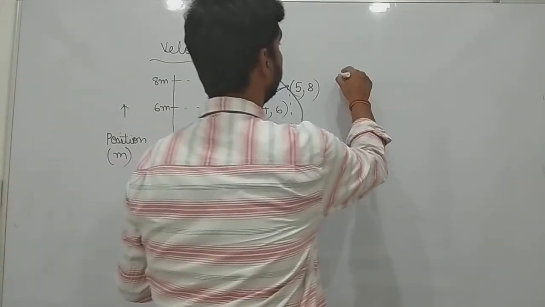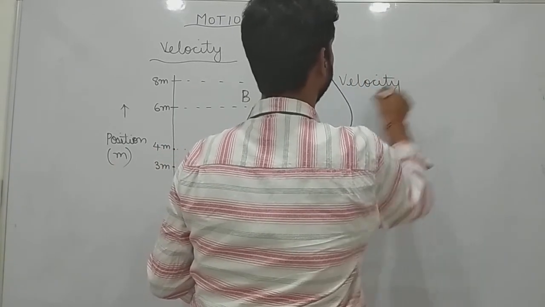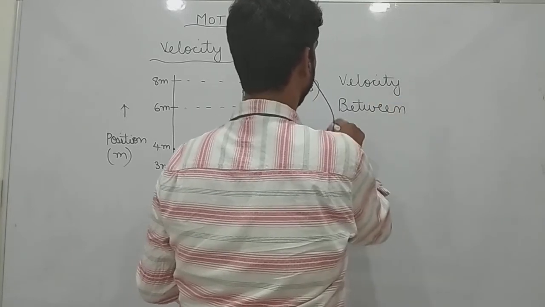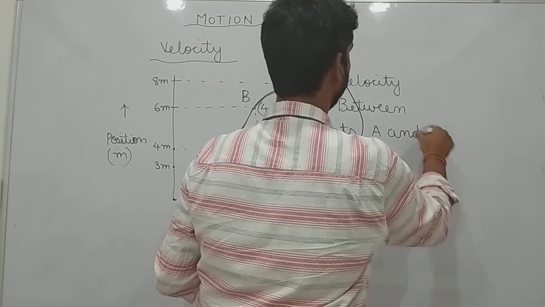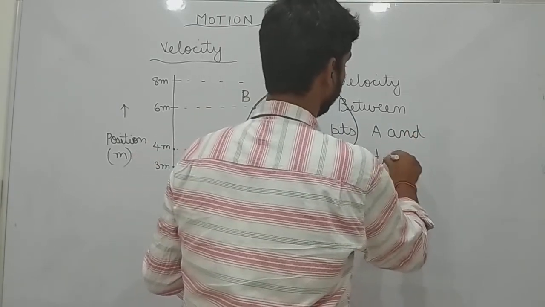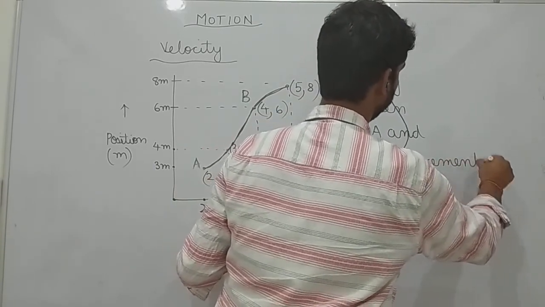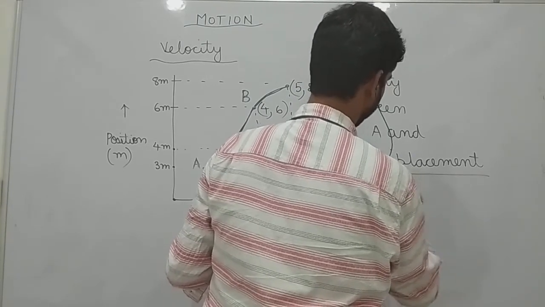So the velocity between points A and B will be how much? Displacement divided by time. The formula will be the same, displacement divided by time.